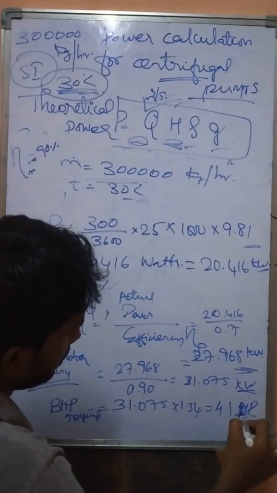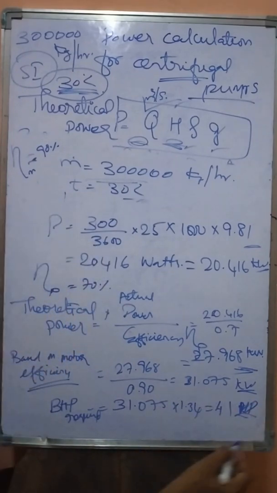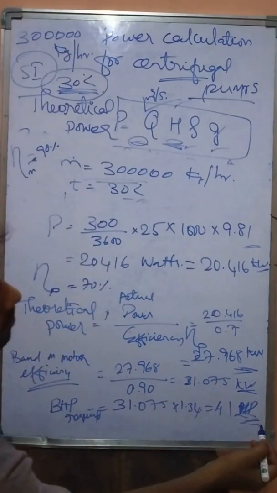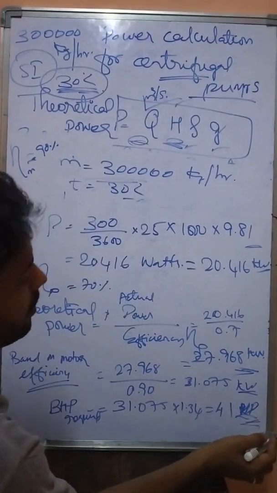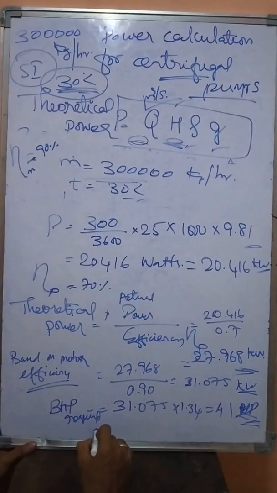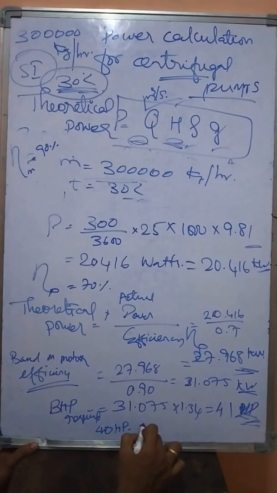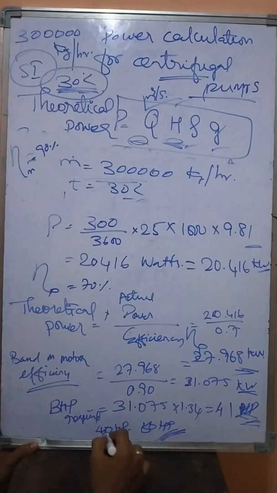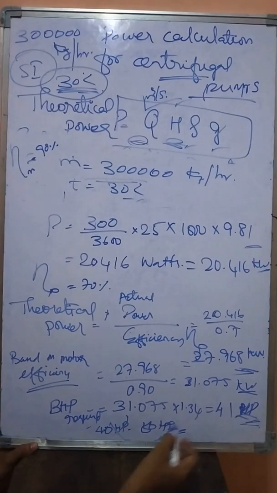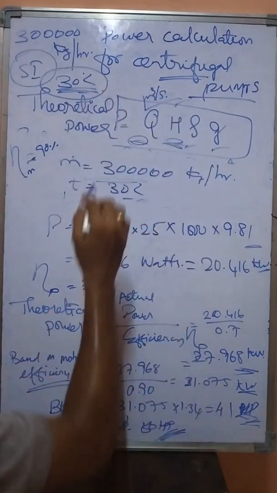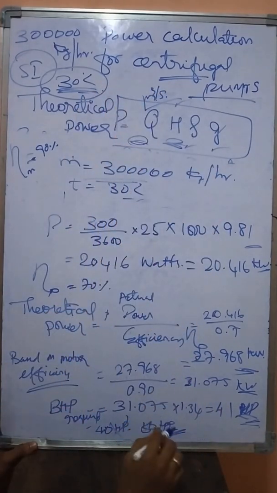Okay, 41 horsepower. So if you go for the standard, a 41 horsepower motor won't be available. You have pump motors of 40 horsepower or 50. So the standards are there. You can always go for a higher power rating, not for the lower one. So the required motor for this condition is a 50 horsepower motor.